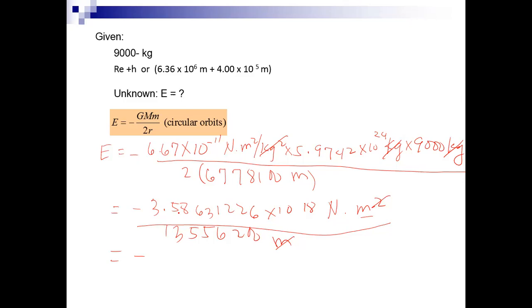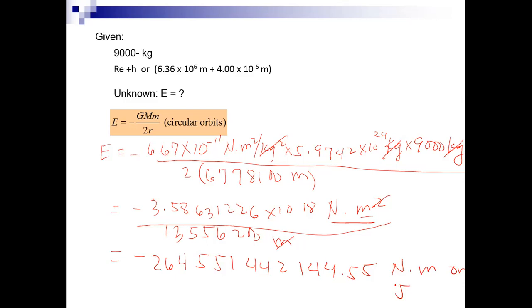So therefore, ang magiging sagot natin class, negative siya ha. 2.6455144 Newton meter na yung natira mo. Kaya pwede mo na yung gamitin na Newton meter or joule.